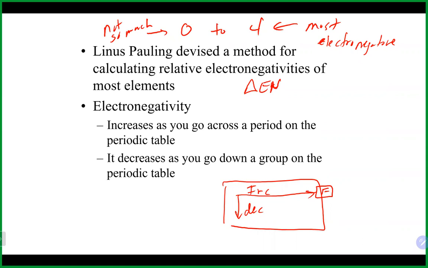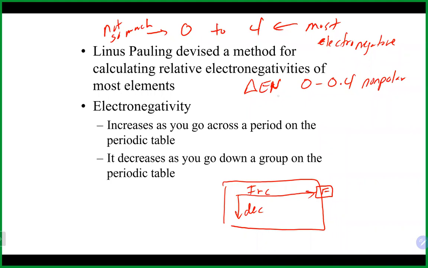If you do the difference in electronegativity values, which is simply taking the two values for each element in the bond and subtracting them, and you get anywhere from 0 to 0.4, it's considered a nonpolar covalent bond.